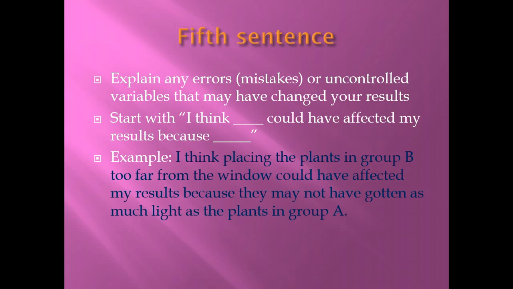I think placing the plants in group B too far from the window could have affected my results because they may not have gotten as much light as the plants in group A. So I'm saying, okay, I've recognized that I did not control how far all of the plants were from the window, or I didn't control how much light they got, which may or may not have affected my results, but I'm recognizing that possible mistake here.